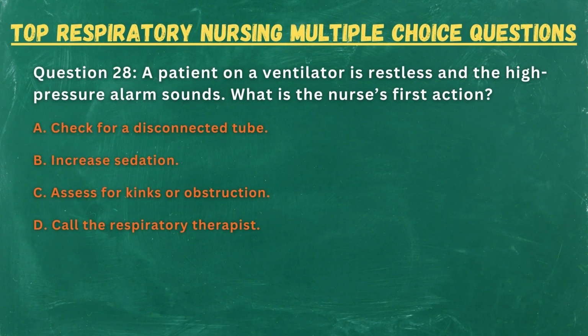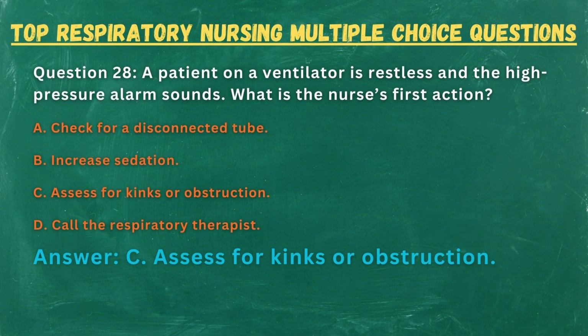Question 28. A patient on a ventilator is restless and the high pressure alarm sounds. What is the nurse's first action? A. Check for a disconnected tube. B. Increase sedation. C. Assess for kinks or obstruction. D. Call the respiratory therapist. Answer: C. Assess for kinks or obstruction.